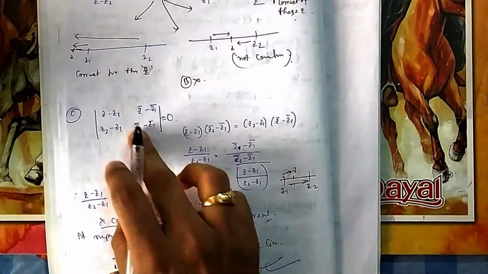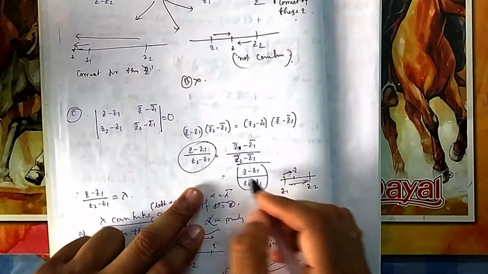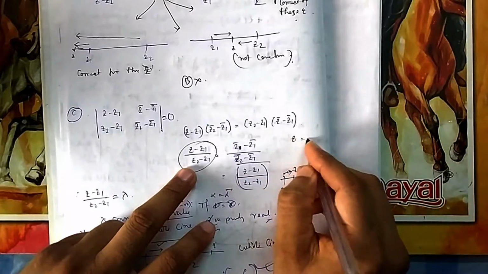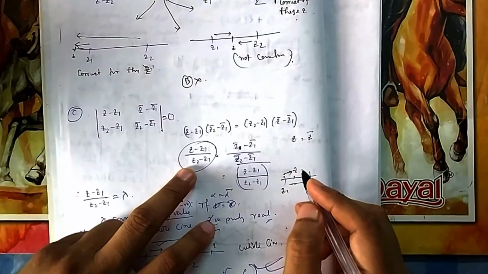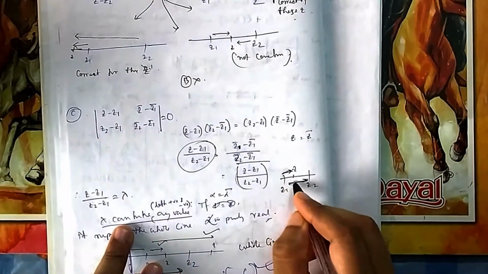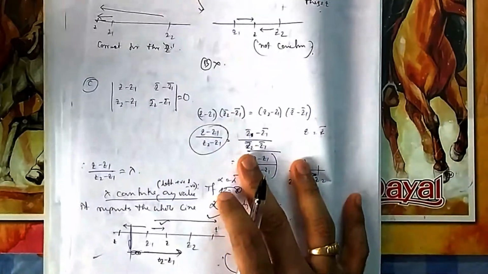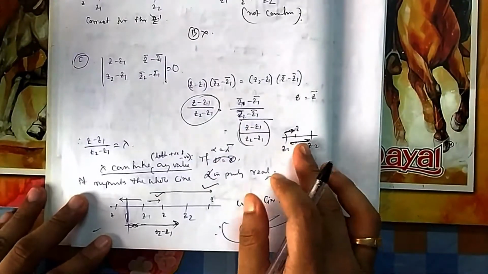The determinant is 0 only when this is real, because this is equal to this bar. I told you if z is equal to z bar, then z is real. This division is always real because the vectors are parallel, so their division will be only a scalar number, with the same direction. I have explained it in the theory. So C is also correct.